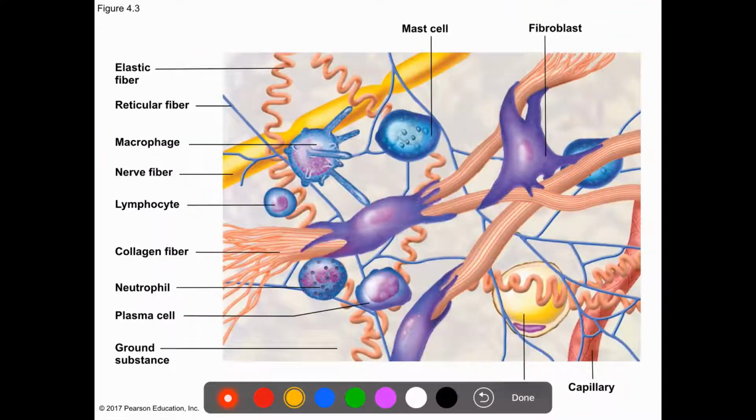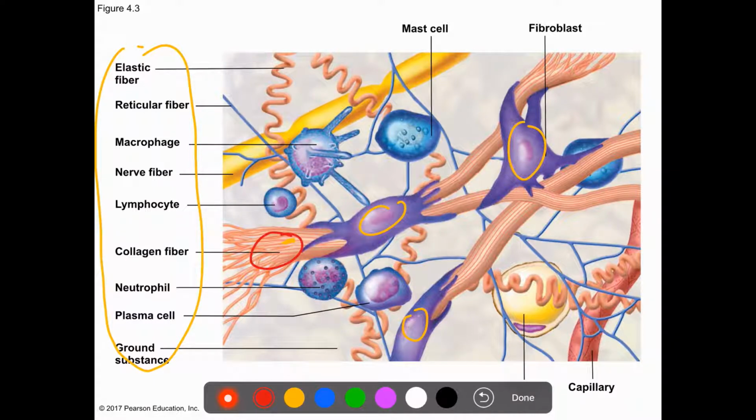connective tissue. This is an image that shows the different components of a typical connective tissue. We will have, for example, the fibroblasts. These are the cells. We will have the different types of fibers. Like this is the collagen fiber. For example, these are the reticular fibers.